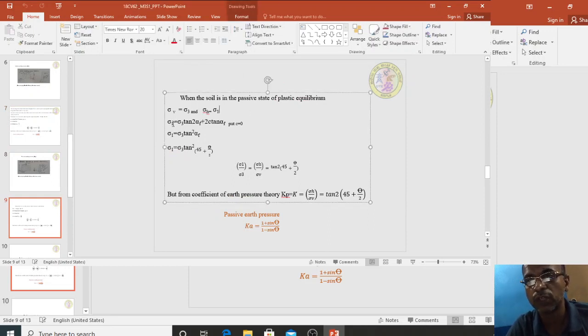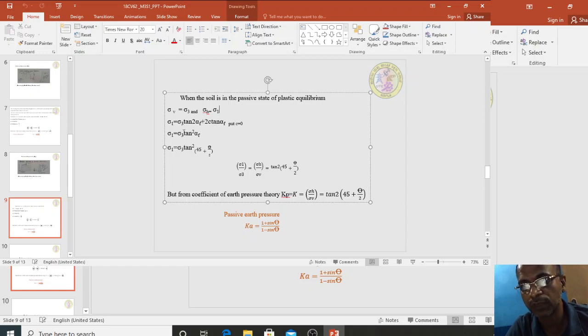Now if you substitute that value, sigma 1 is equal to sigma 3 tan square alpha f plus 2c tan alpha f. For pure frictional soil, c is equal to 0, so sigma 1 is equal to sigma 3 tan square alpha f. Here in the passive earth pressure condition, sigma 1 is equal to sigma h, whereas in the active earth pressure condition, sigma 1 is equal to sigma v. Now the equation turns out to be sigma 1 is equal to sigma 3 tan square 45 plus phi by 2.